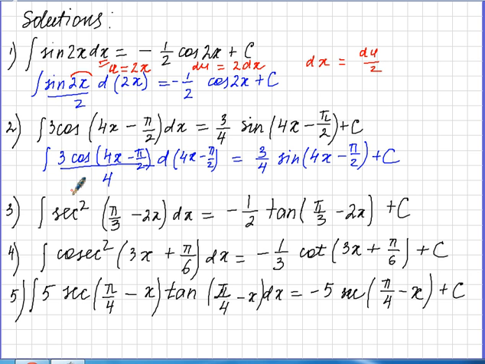Using the substitution method, you can see how I'm changing my variable here. I change it to u equals 4x minus pi over 2, and I divide by 4 to compensate for this 4 appearing after differentiation. So I now have 3 cos u du divided by 4. 3/4 will go out of the integral, and cos u du is going to give me sine u, where u was 4x minus pi over 2, plus a constant.